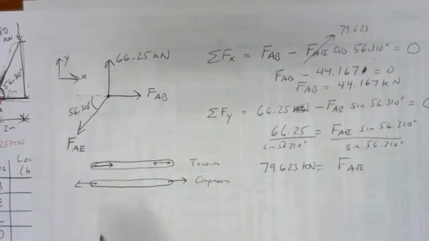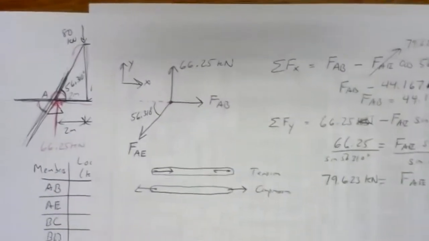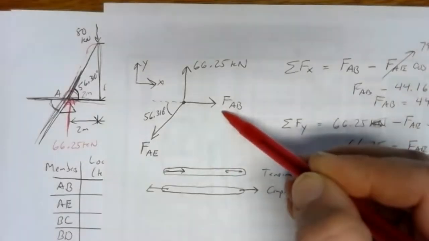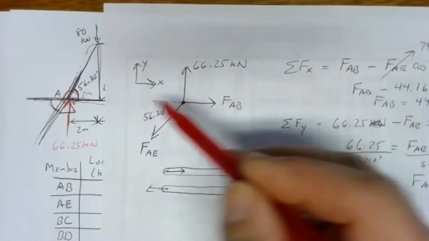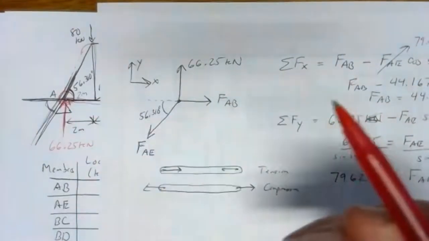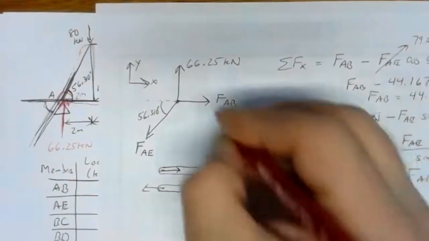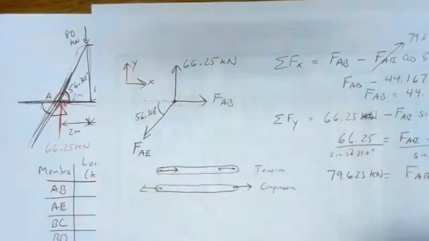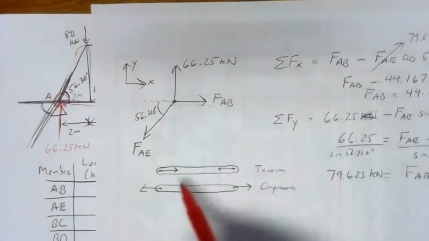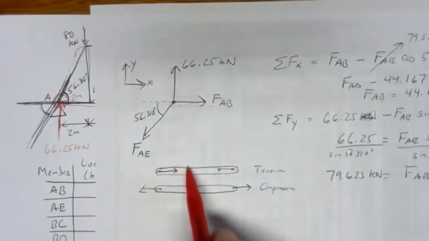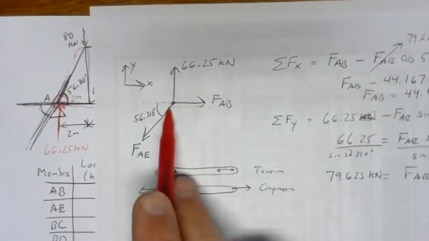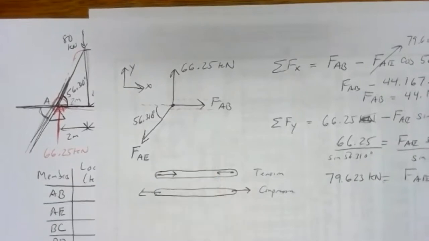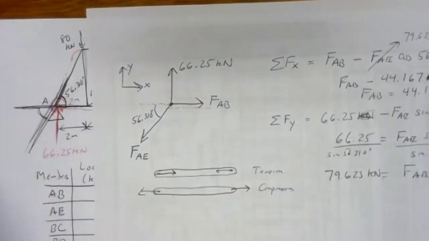Well, let's look at member AB. If we compare, I've got those right next to each other, so we can compare those pretty easily. We've got the force due to member AB is to the right. There's joint A. Member AB is physically to the right of joint A. So member AB is over here. So that looks a lot like this end of this picture. Joint A is being pulled toward joint B because member AB is in tension.